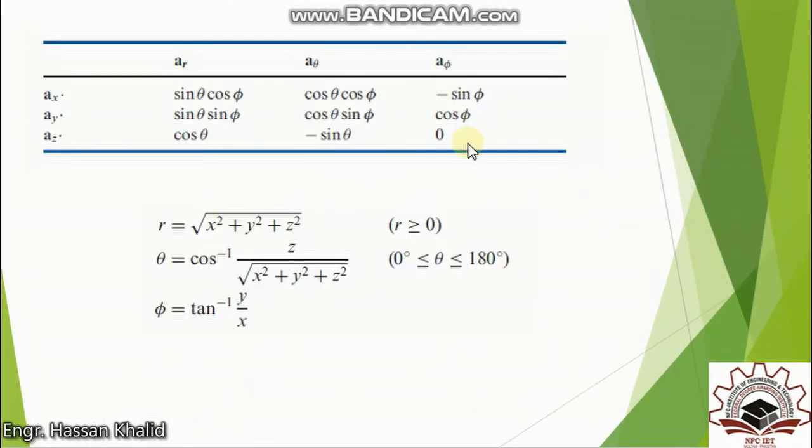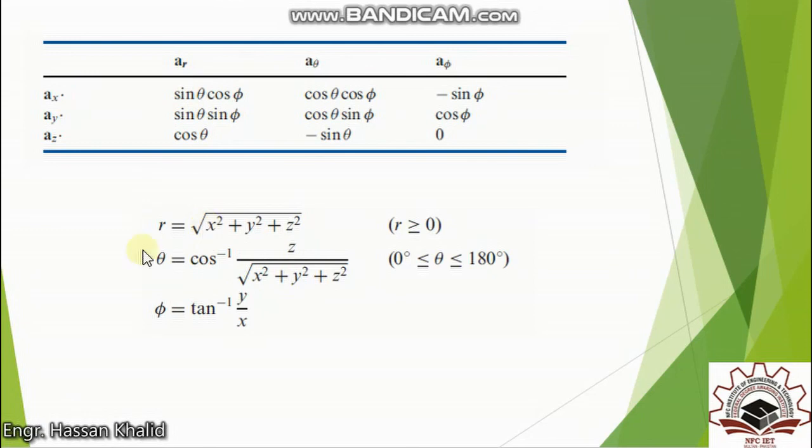Now any vector given in the rectangular coordinate system can also be transformed into the desired spherical coordinate system vector, with components in the direction of r, theta and phi, just in the same way as we have done in the previous slides. But we have to follow the new version of the transformation table, because we need to transform the unit vectors of the rectangular and spherical coordinate systems by taking the dot product in their respective domains.